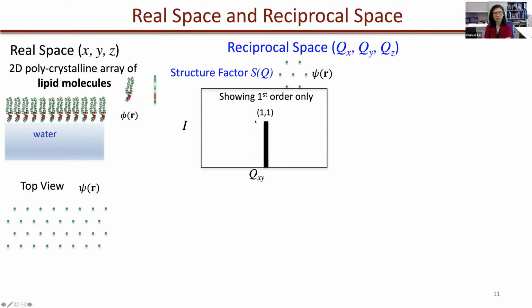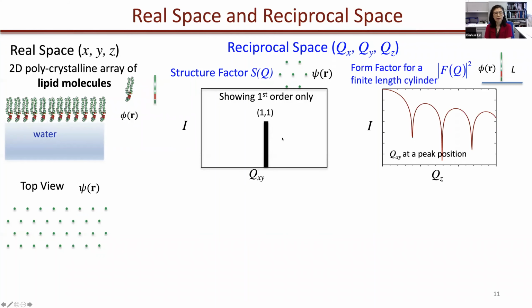So that means the structure factor didn't change. I didn't plot any higher order peaks here because normally we don't see higher order peaks for lipids. The form factor is different now. For QZ, it's modulated. For QXY, not so much, because we're talking about a skinny cylinder.